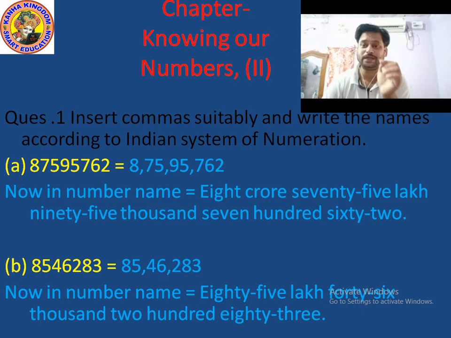So first you write down 8 comma 75 comma 95 comma 762. When you read from the left hand side, you read like this. So now you understand how to insert commas in a proper way. Clear?